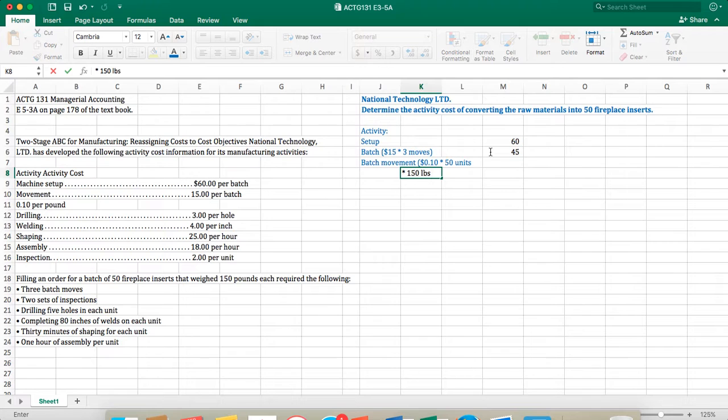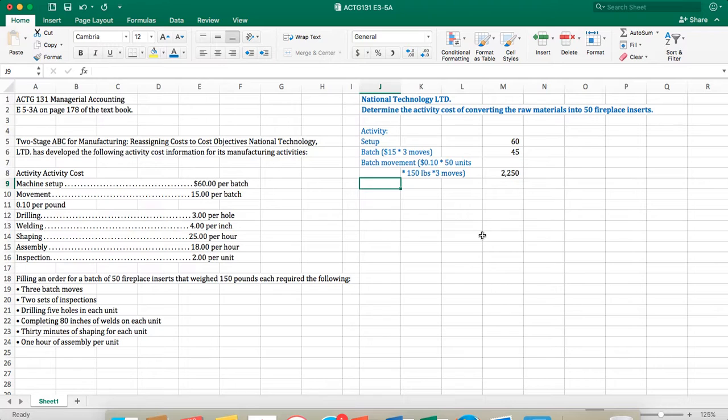And multiply that by 3 times, or 3 moves. I know it's something new. It's something you have to get used to. I don't know why this didn't come out blue, but let's make it so. So here we go. Once again, need a parentheses. 10 cents multiplied by 50 fireplace inserts multiplied by 150 pounds and multiply that by the 3 times we have to move that. $2,250.